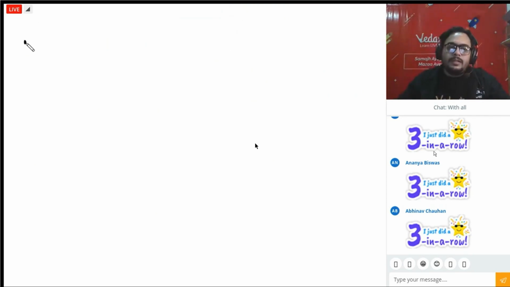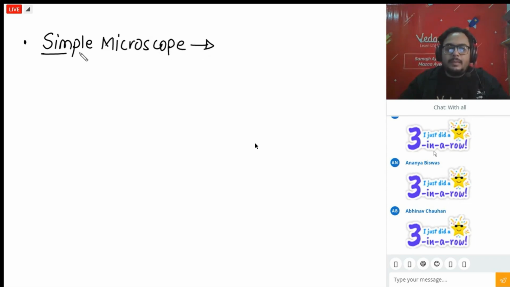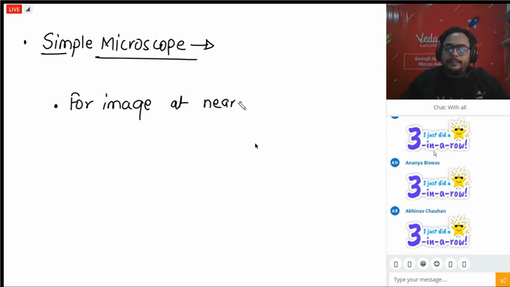So simply, if I summarize the simple microscope, just remember one thing. For image at near point, in which the eye will be stressed, magnification is 1 plus d by f.